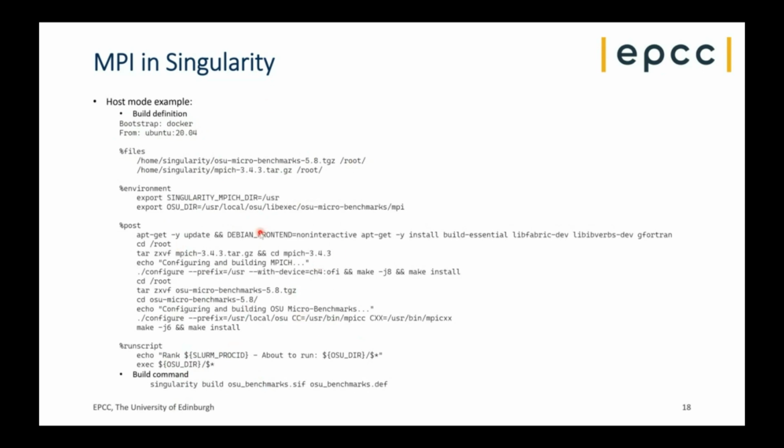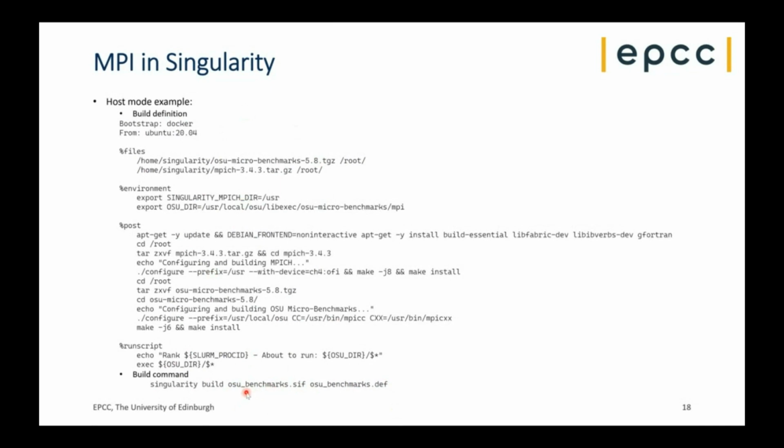So this is where you can start to customize your containers, where you could put in all sorts of software installs. And then with that kind of definition, all you have to do is singularity build. You pass in this definition, which is what this file up here is, and it produces a container called whatever you call it here.